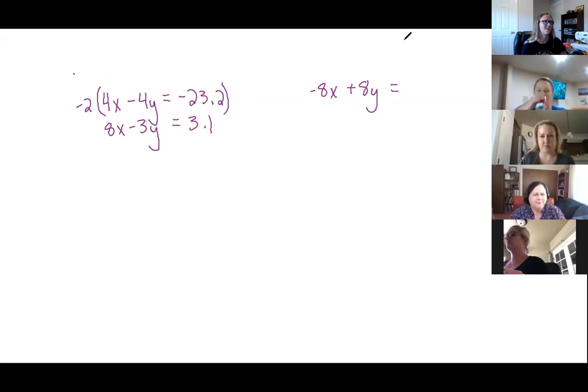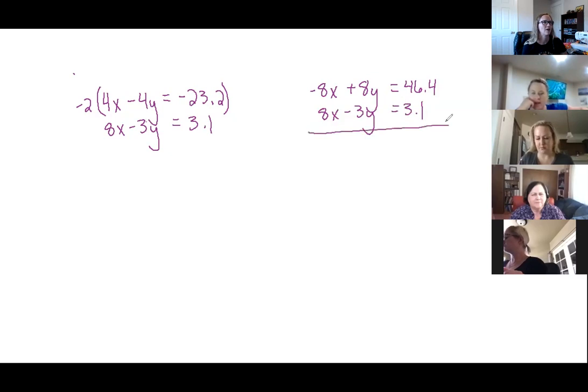So that would be positive 46.4, and we've got 8x minus 3y equals 3.1. As we add these, there go our x's, and we have 5y equals whatever this comes out to. 49.5. Yes, 49.5.